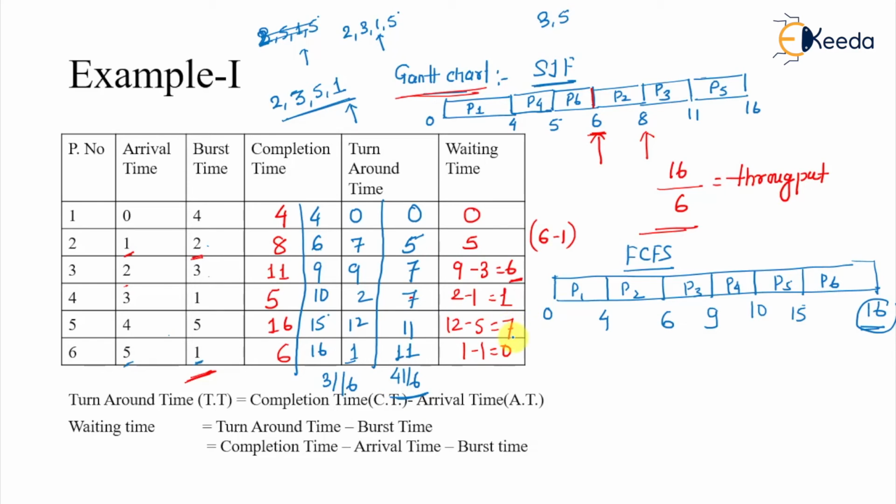It is not about throughput, but the turnaround time is better in case of SJF. This is our SJF average turnaround time, 31 divided by 6, and here 41 divided by 6. So definitely it is better.